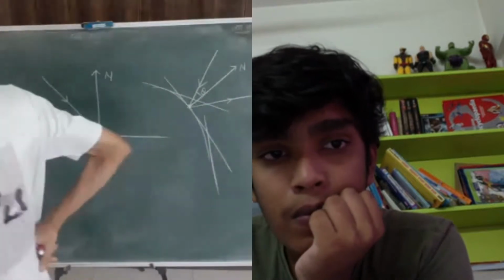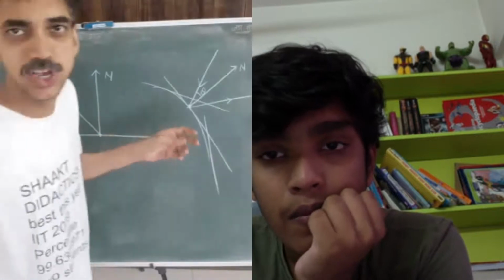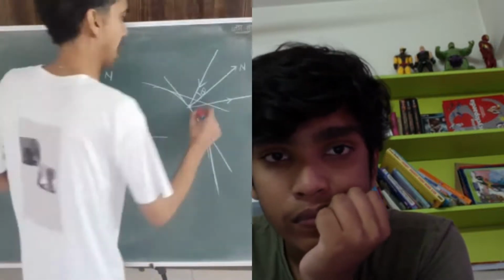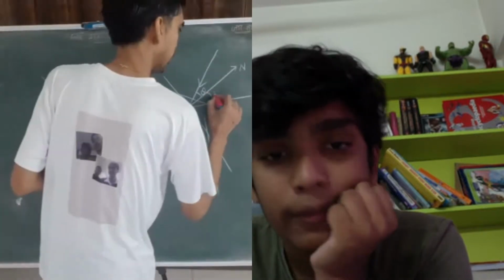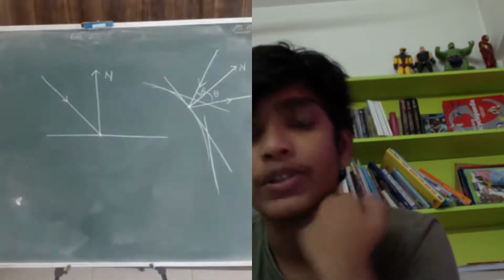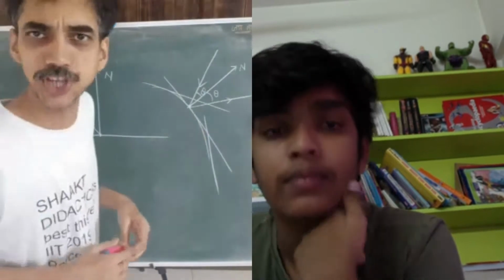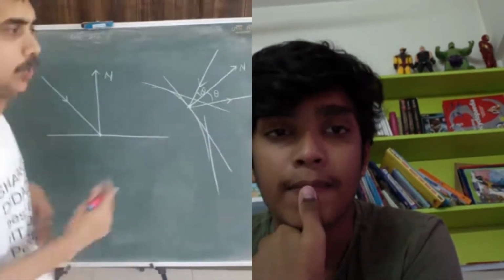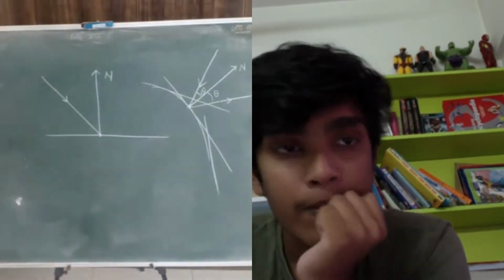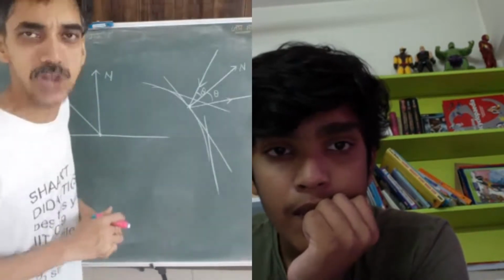The second: angle of incidence is equal to angle of reflection. Now we are transcending reflection and going for the next attribute, which is refraction.